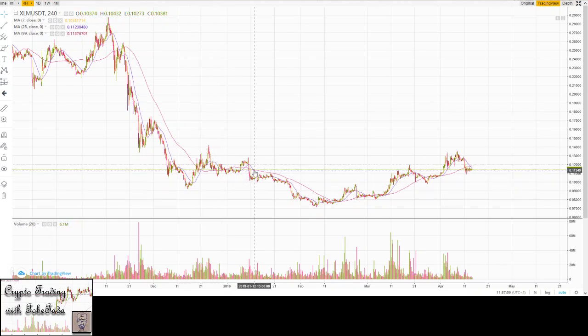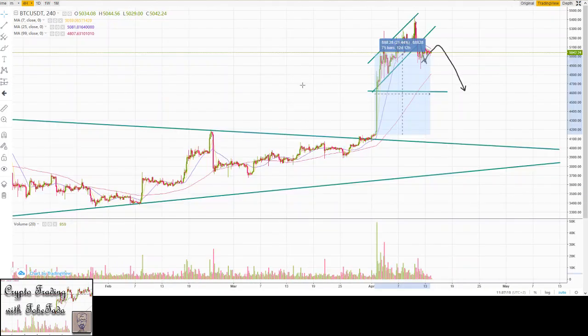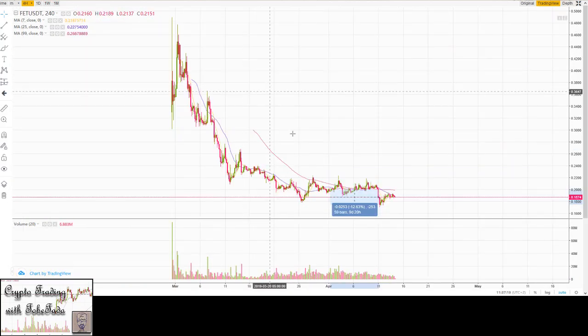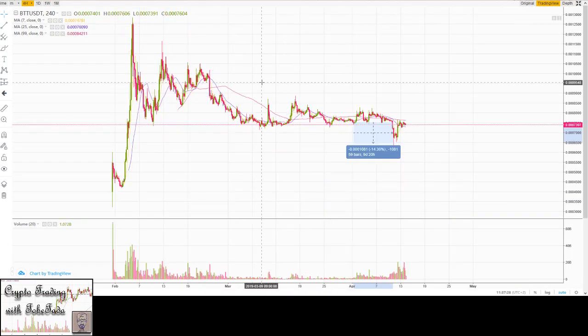So we still had a downward move before going upward again, but this corresponds very well to the Bitcoin movement. Now we still have other coins where this is not the case, for example BTT or FET or other coins, and they very often do exactly the opposite of what Bitcoin is doing.